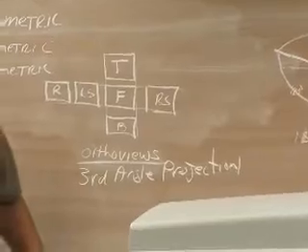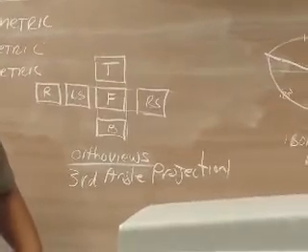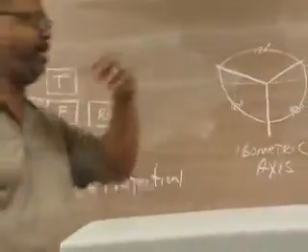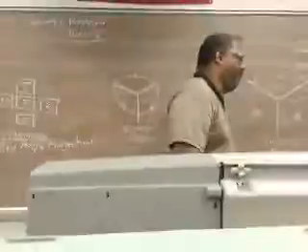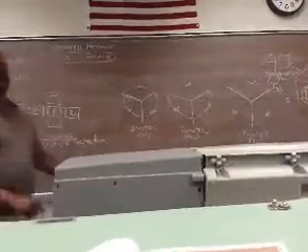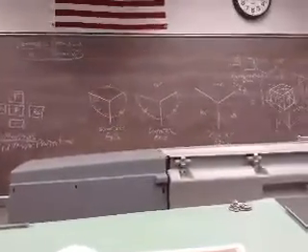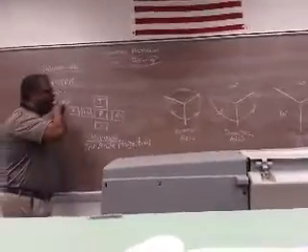So we do what's called third angle projection when we look at drawings. When you look at a blueprint and you see top, front, right side, and so forth, the way they are arranged is known as third angle projection. So we do third angle projection here.